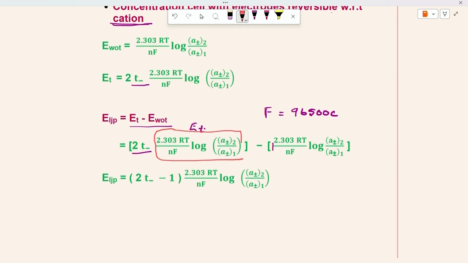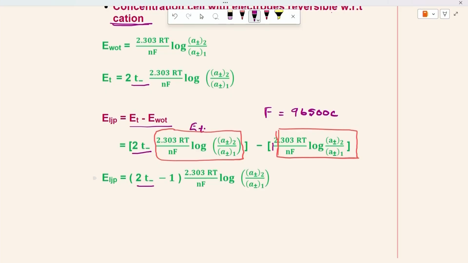This is same in both the equations. So, I can take that out as a common factor, and we have ELJP is equal to 2T minus 1, then the common factor 2.303 RT by NF log mean ionic activity of 2 divided by mean ionic activity of 1.